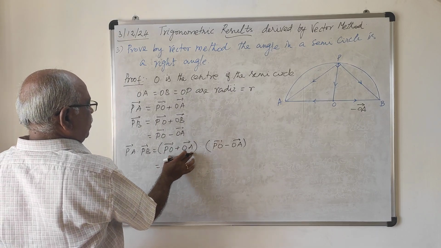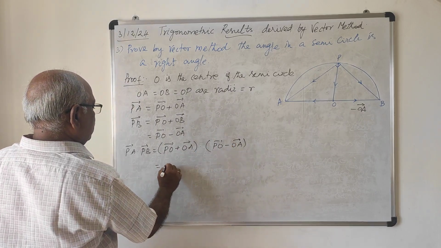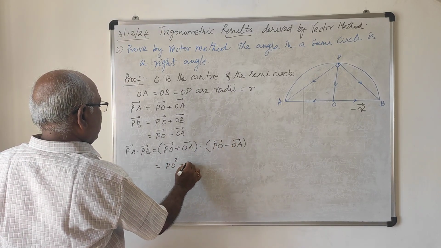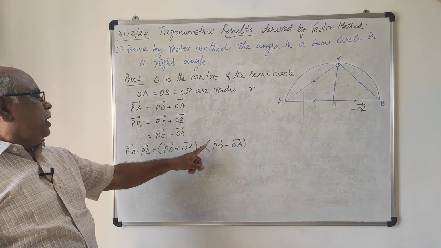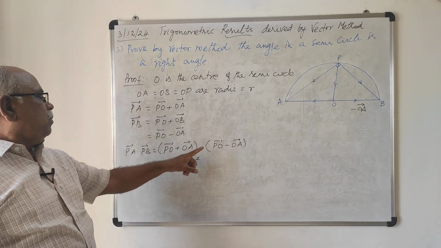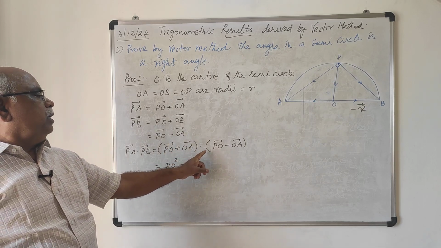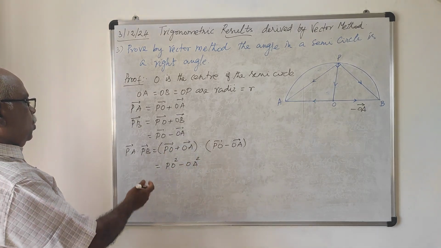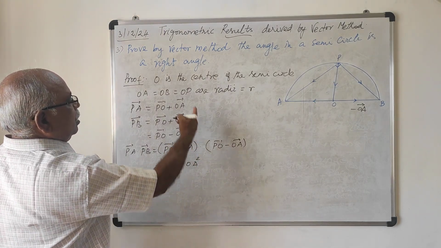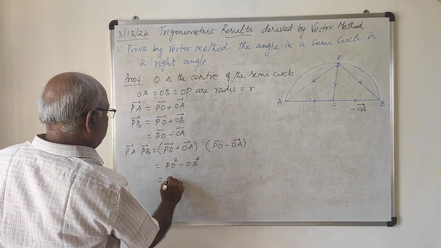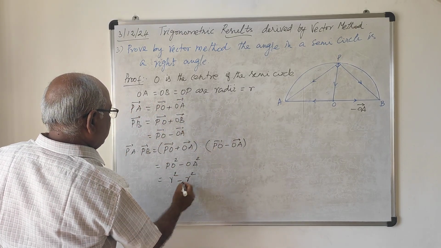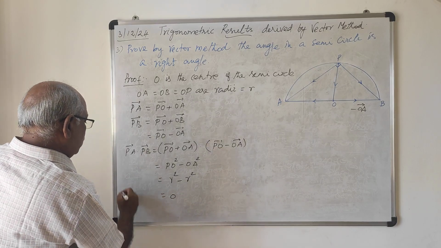By the formula A plus B into A minus B is A square minus B square, this is PO square minus OA square. You know OP and OA are radii, therefore this is R square minus R square. So this is 0.